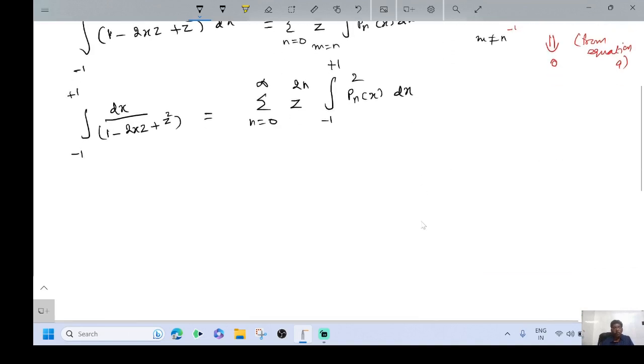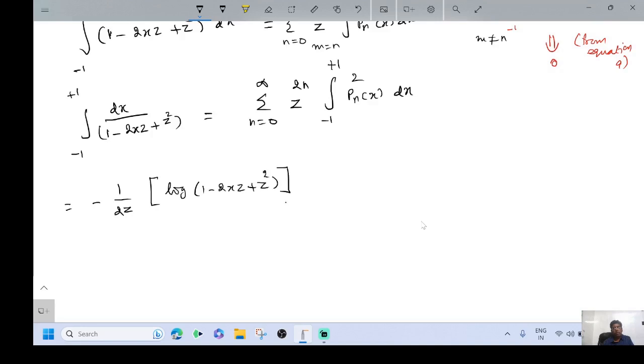Now integrate this, we can get minus 1 by 2z log of 1 minus 2xz plus z square, limit varying from minus 1 to plus 1, which is equal to the sum of z power 2n times the integral from minus 1 to plus 1 of pn square of x into dx.